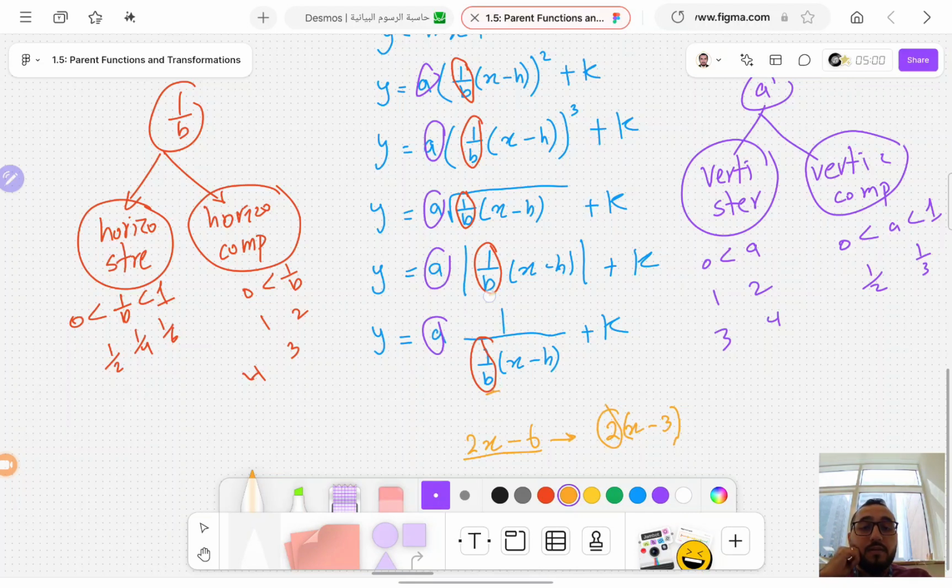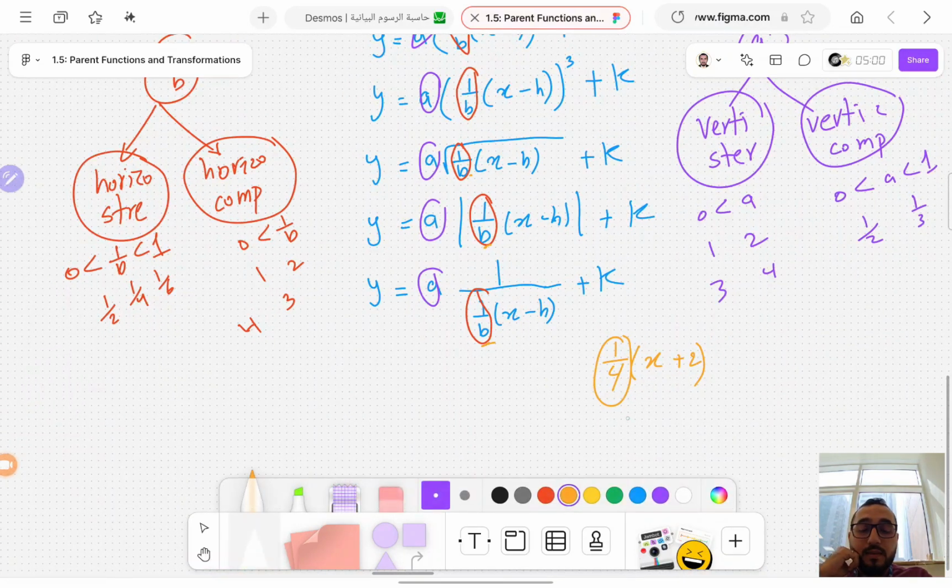Or sometimes it's already factored, like 1 over 4 times x plus 2. This one is considered as 1 over b. Now what's the difference between this and, let's say, x plus 6? This one here will be a horizontal stretch because it's a fraction, as we did here, and this one here will be a horizontal compression.